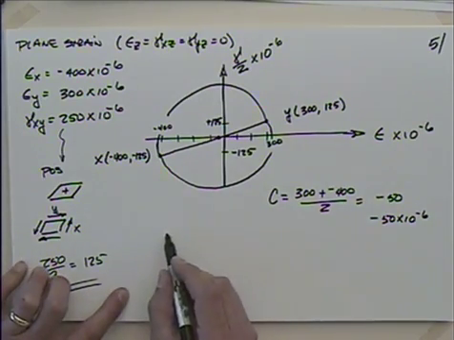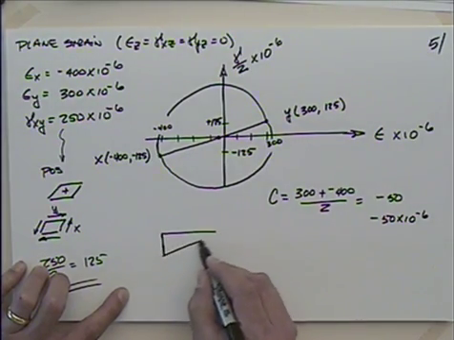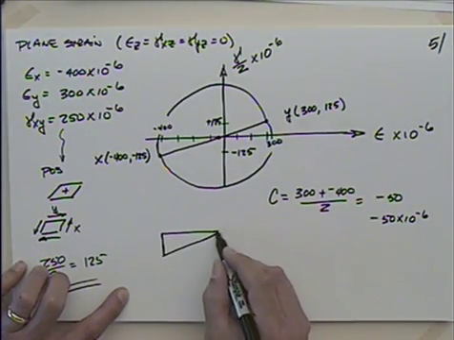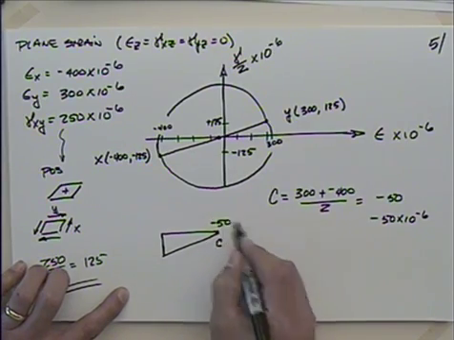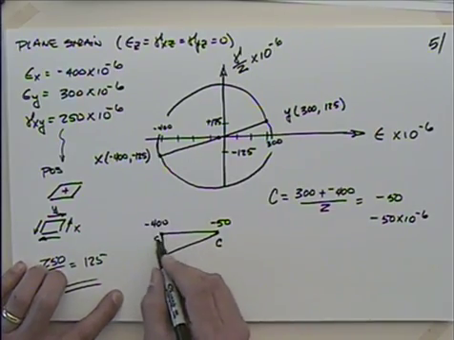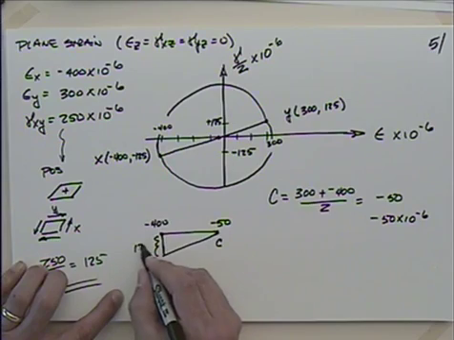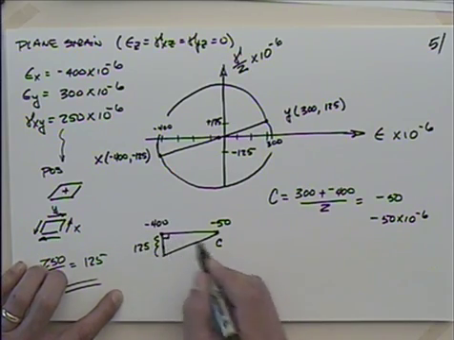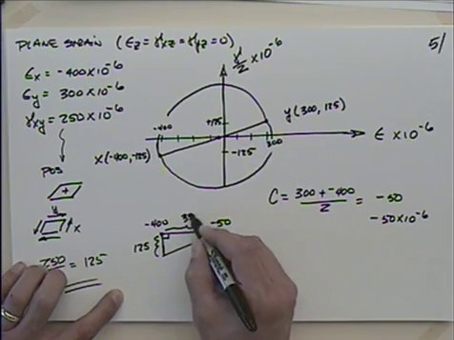And then with that, I could look at this triangle over here, where I have the center point here, which we now know is minus 50, and I have this point here, which is minus 400, and I know this side is what? Minus 125. I'll just say 125 because I'm looking at the triangle. That's a right angle. So this is what? 350.